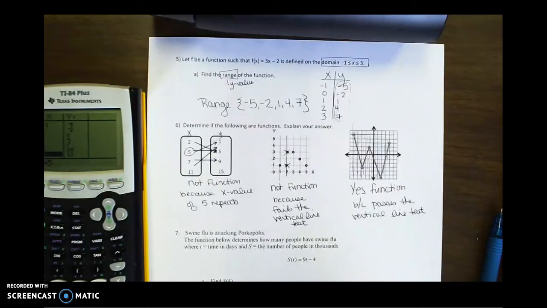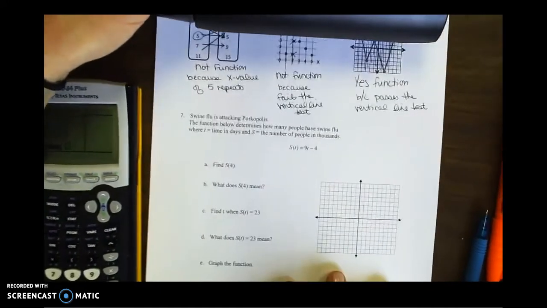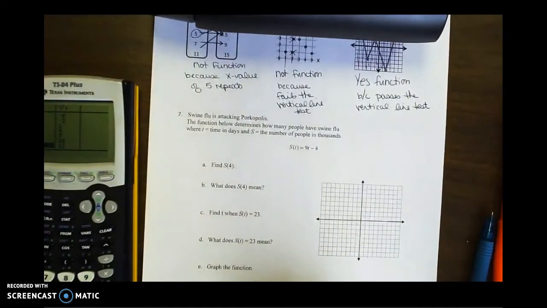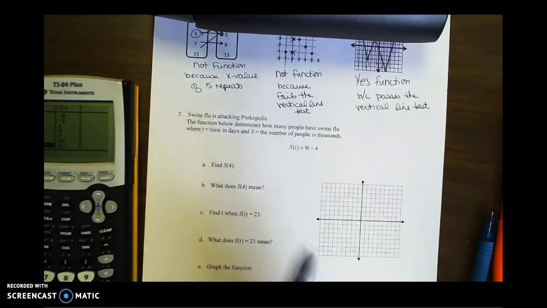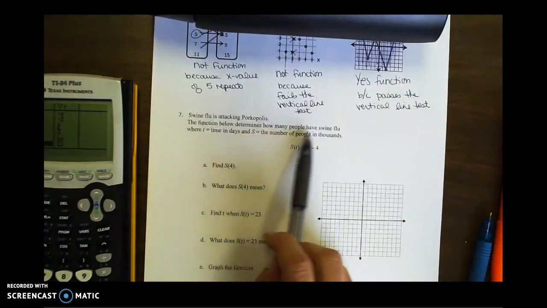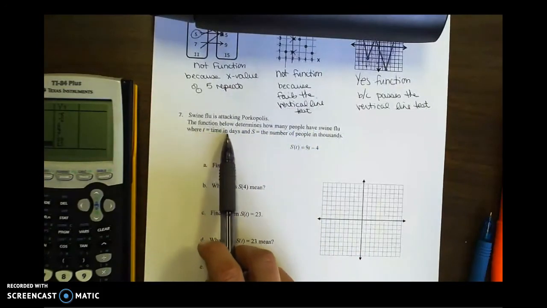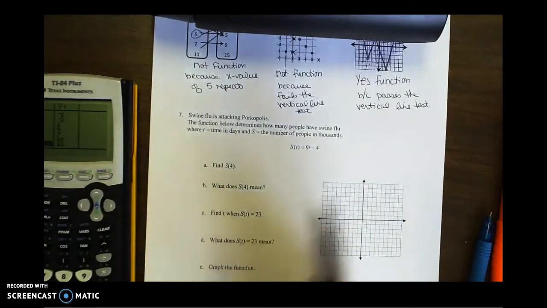And we've got it. All right, this last question is going to combine everything that we've done today. So let's take a look here, our function notation as well as using our vocabulary. So number 7, swine flu is attacking Koeppel-Keenan. The function below determines how many people have swine flu, where t equals the time in days and s equals the number of people in thousands.